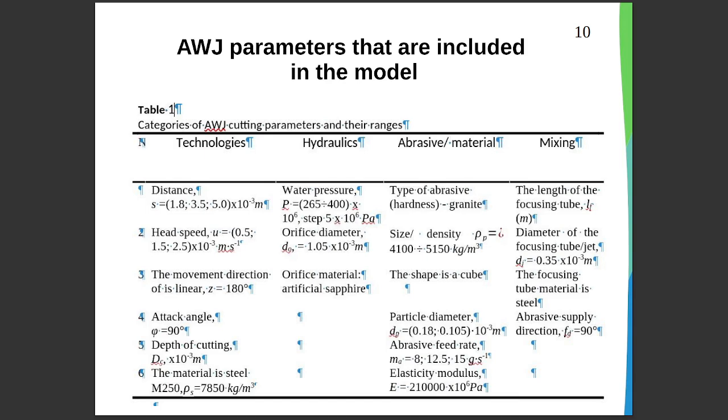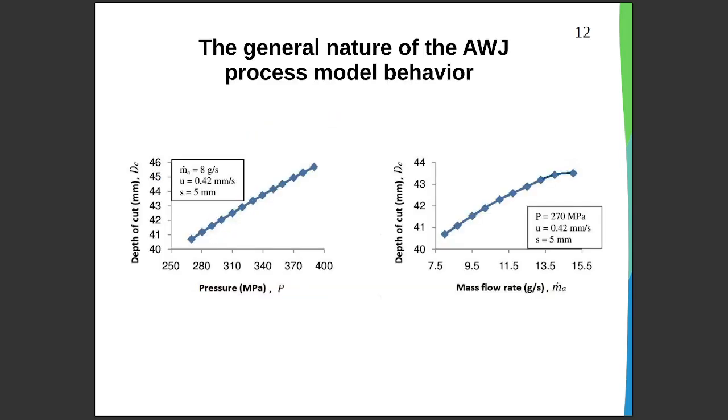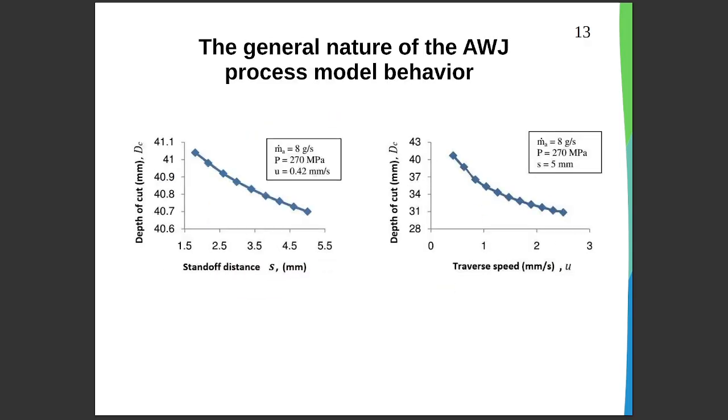After transformation of the equation, taking into account the values of empirical coefficients and real data, the reference calculation expression was obtained on slide 11. The general nature of the AWJ process model behavior depending on the sum pairs of parameters extracted from the experimental dataset is shown in the graphs on slides 12 and 13.